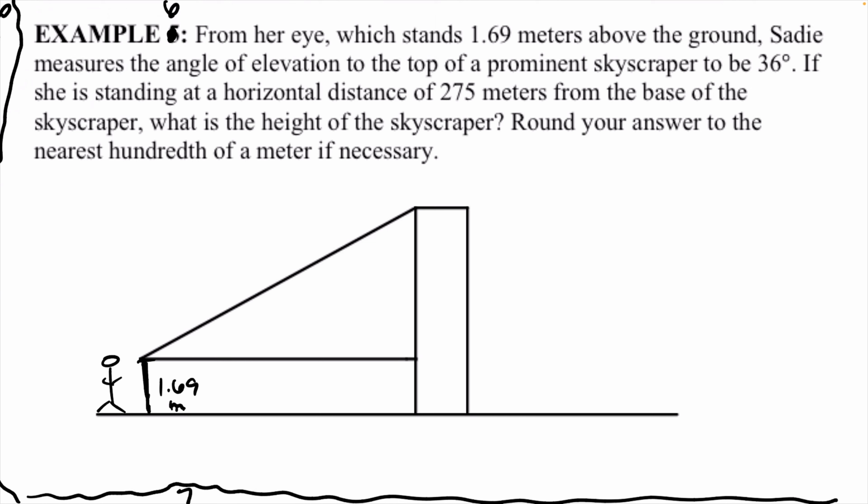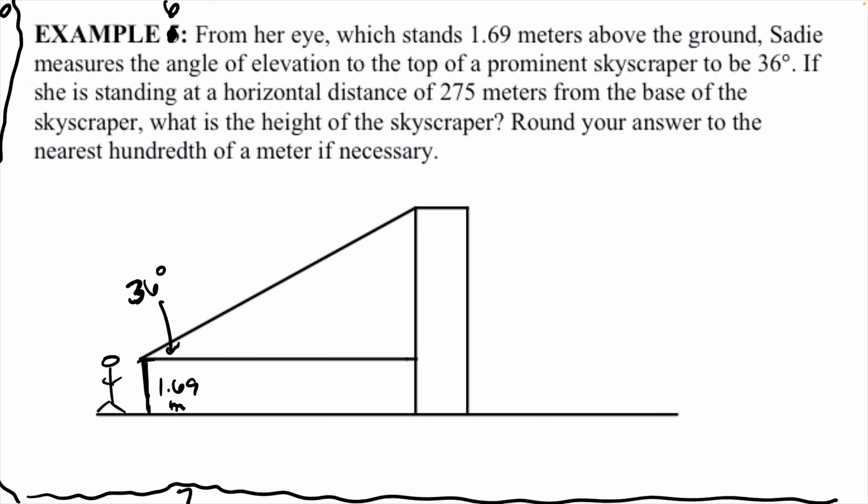So when she lifts her head up to look up at the tall building, that angle that she makes is 36 degrees. That angle that she's lifting her head up is 36 degrees. That's what that second part of that first sentence says. Okay?